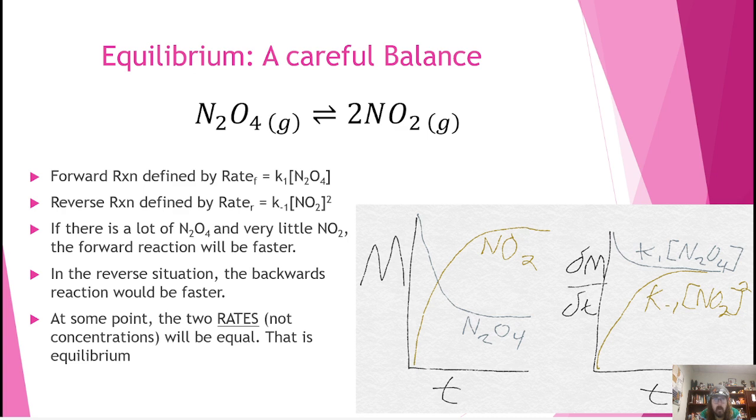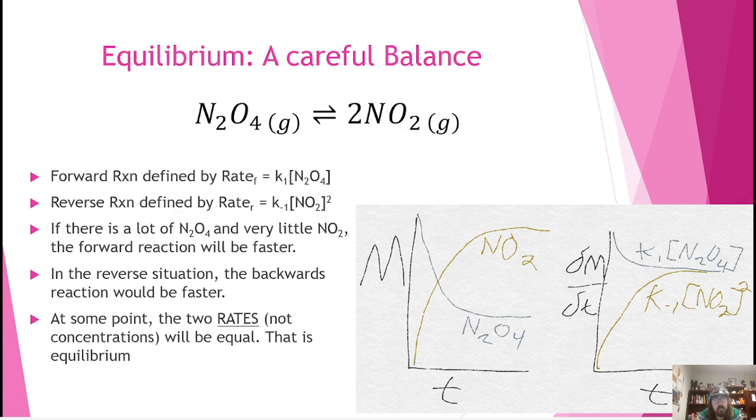Now, if we look at the molarity over time, we see NO2 coming in and N2O4 dropping out, but you don't see N2O4 dropping out to 0. We see a magical stopping point, an asymptote that's greater than 0, where N2O4 stops.